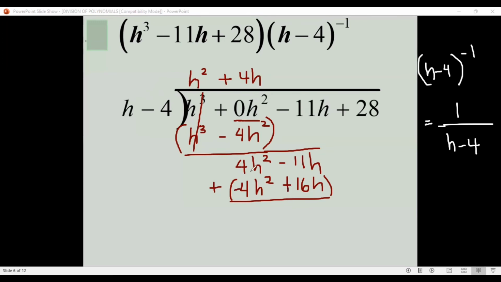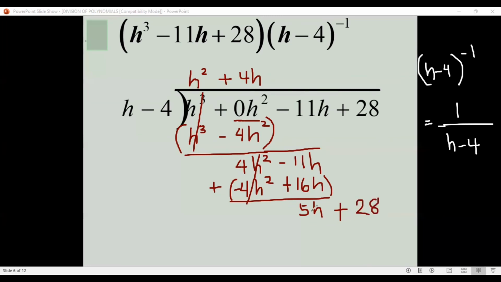So this simply means that this is already cancelled. And the answer that you will be getting here is 5h. We are adding integers with different signs, so we have to subtract them. Okay, and then the next step is you have to bring down the positive 28.